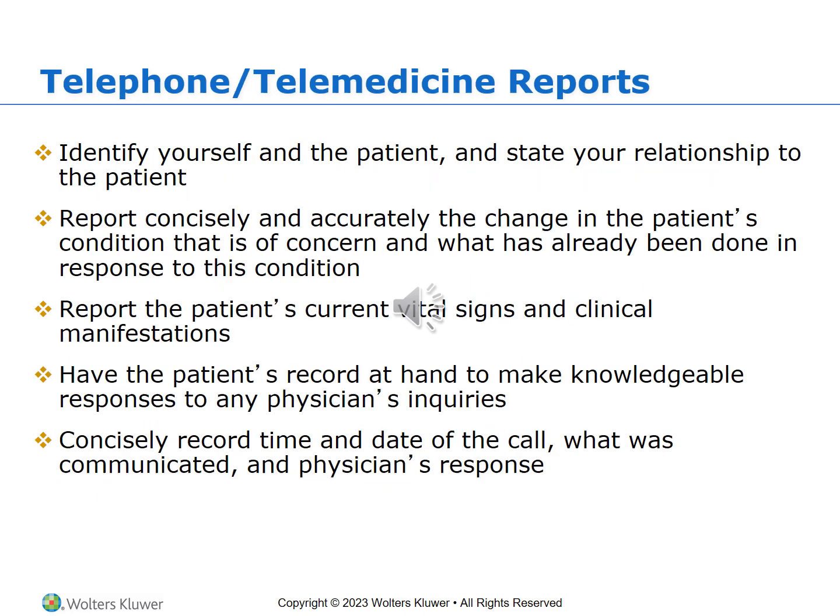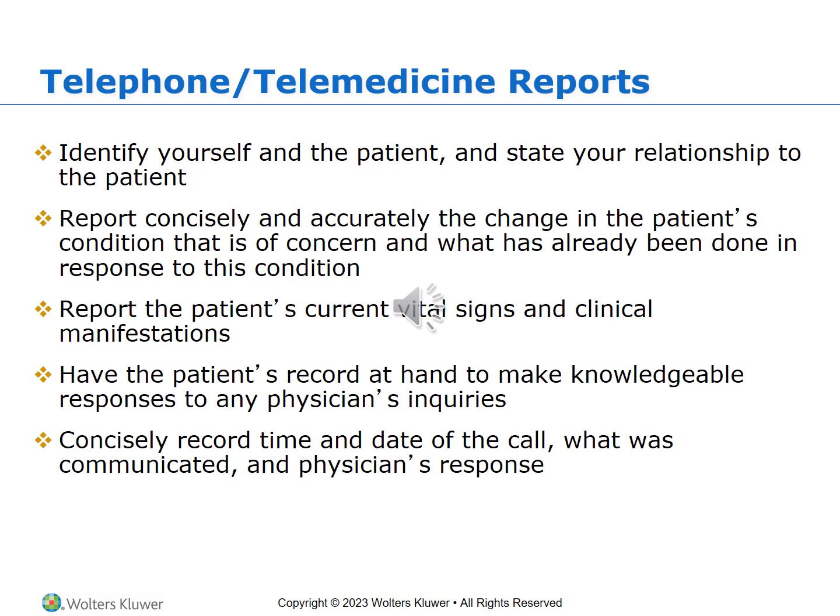Telephone or telemedicine report begins on page 542. So identify yourself and the patient and state the relationship to the patient. You want to be very concise and accurate when speaking about any changes in the patient's condition or any concerns that you have. Report the patient's vital signs or any clinical manifestations or anything that's pertinent, right?